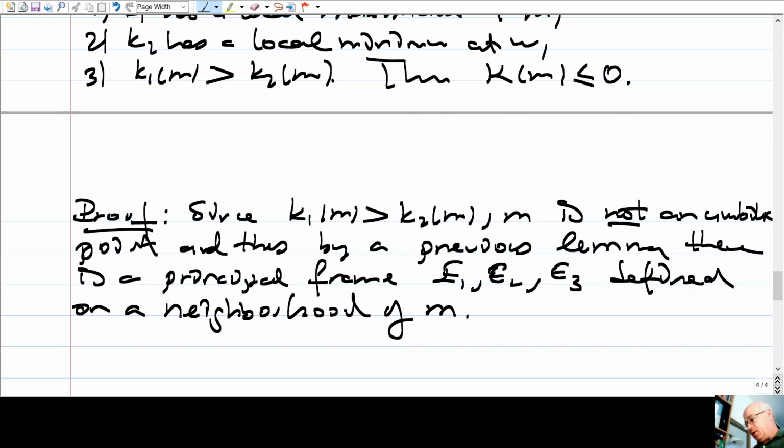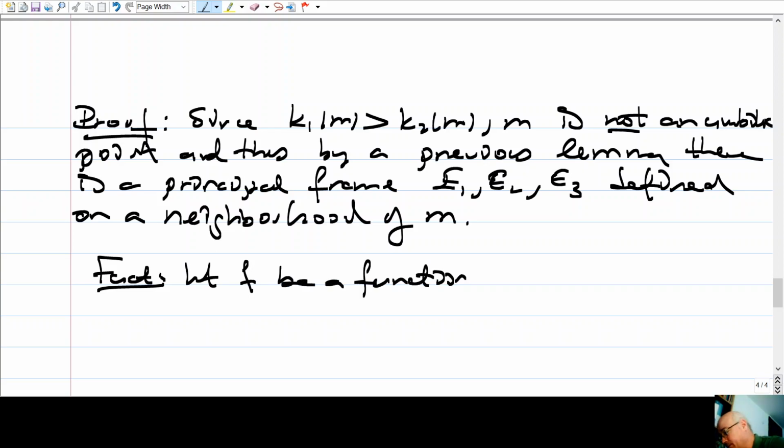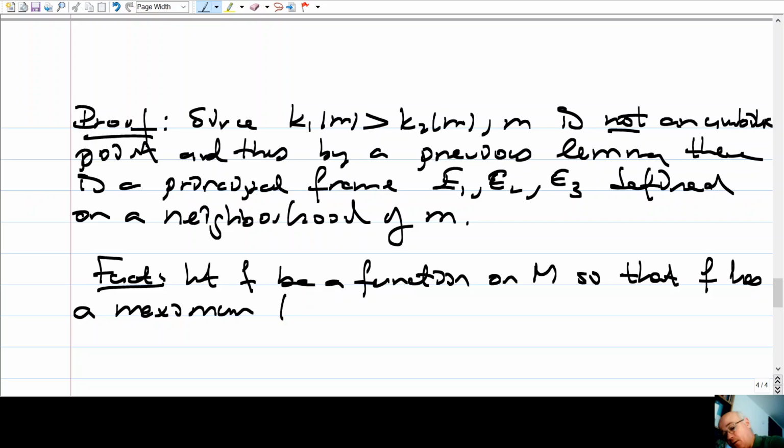All right. Now, here is a fact which we will need. This is again a side remark actually. Let f be a function on M so that f has a maximum or minimum at a point p.